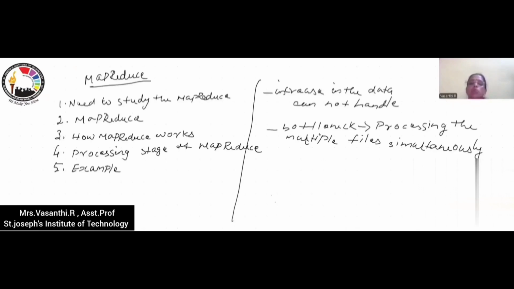Google solved this bottleneck issue using an algorithm or concept called MapReduce.